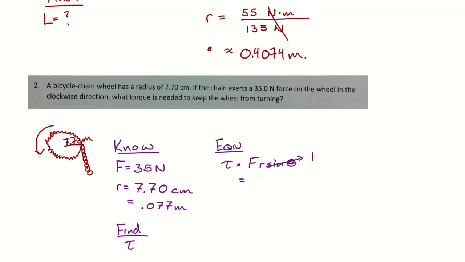What's the force we apply? 35 newtons. And what's the radius? 0.077 in meters. And when you multiply these together, I think we get what number? 2.695. I'm going to call that 2.7 Newton meters.